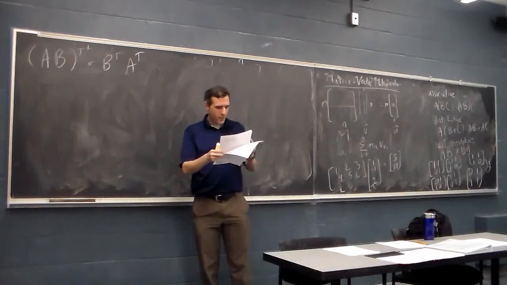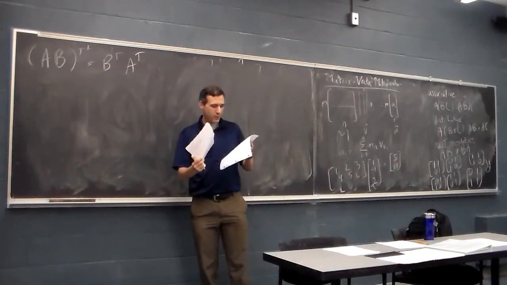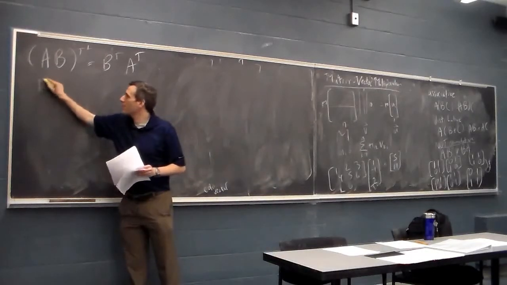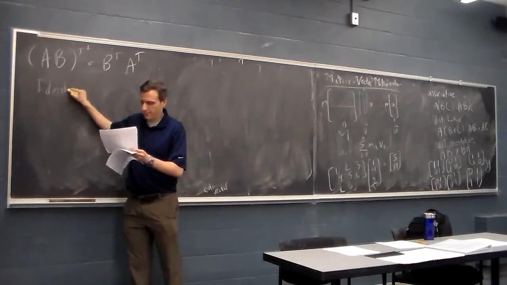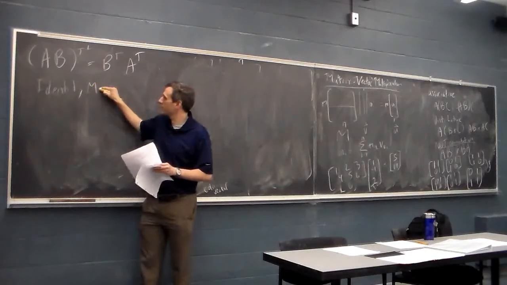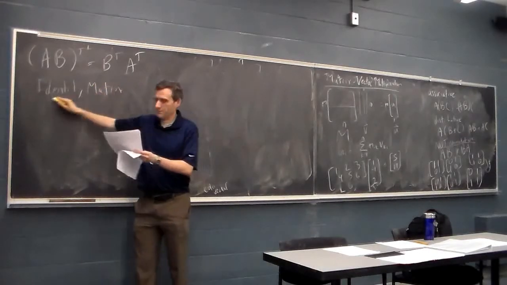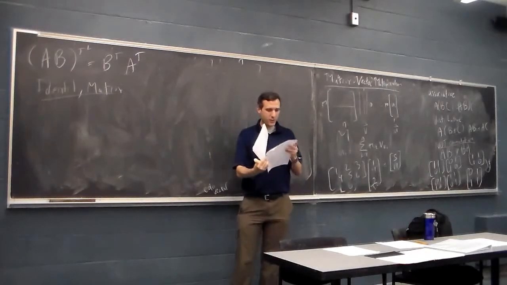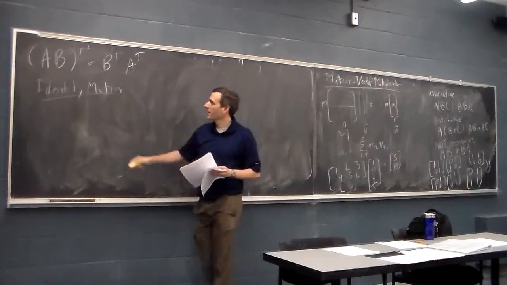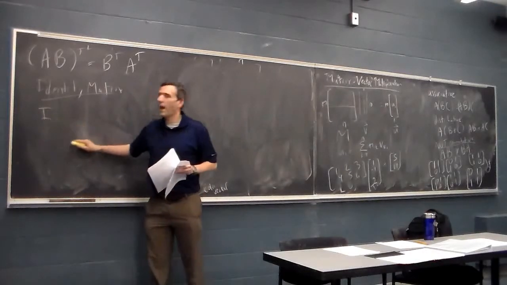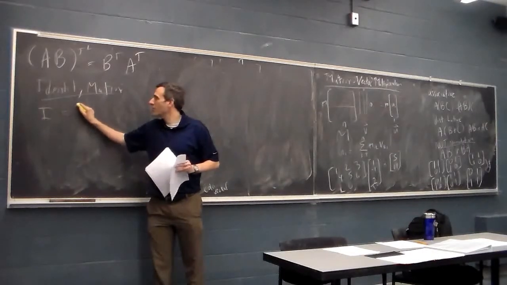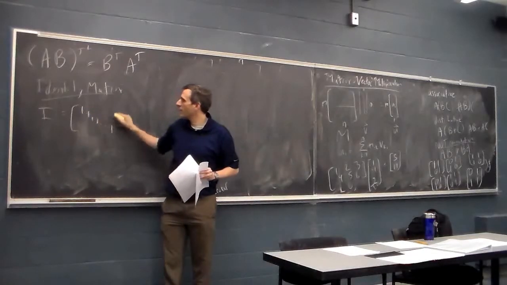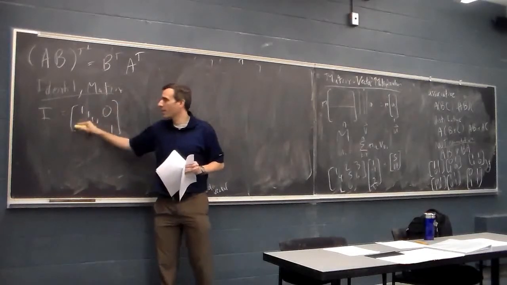Okay, so one other concept I wanted to mention with respect to matrices is what's called an identity matrix. An identity matrix is a special matrix we'll sometimes deal with. We would commonly denote this by a capital I. An identity matrix is a square matrix that has ones everywhere on the diagonal and zeros everywhere else.